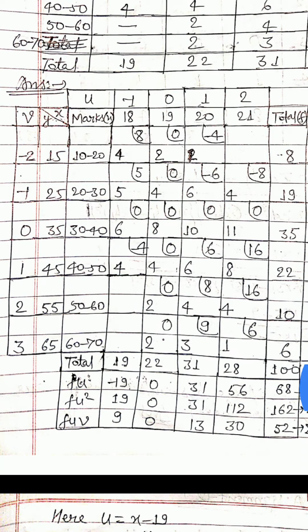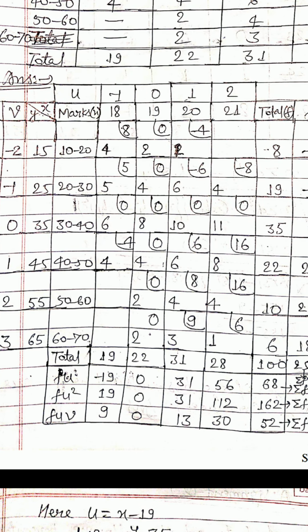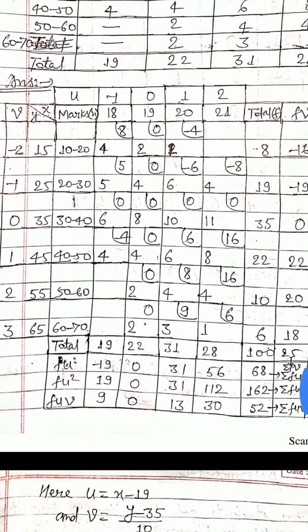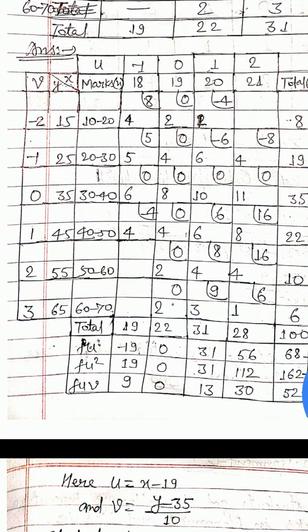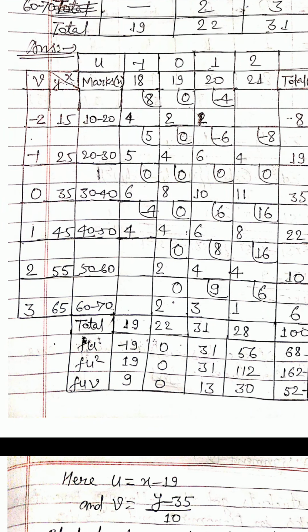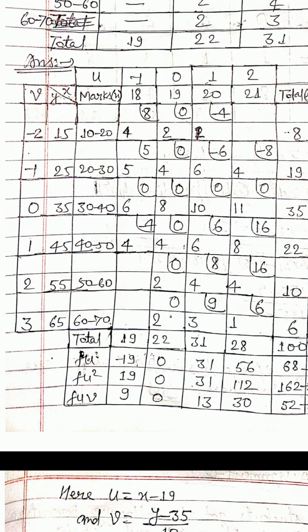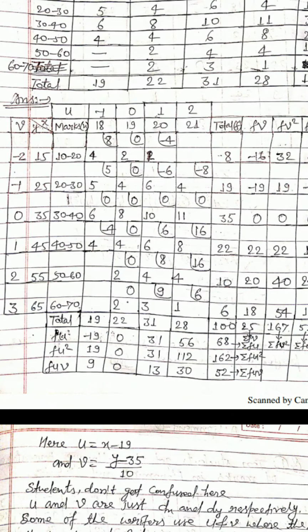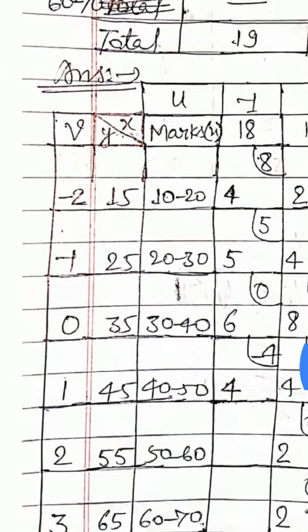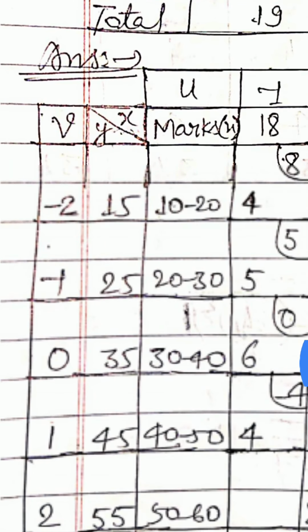Why? Because we have to see the values of x and y. We divide one particular column, that box, into x and y.